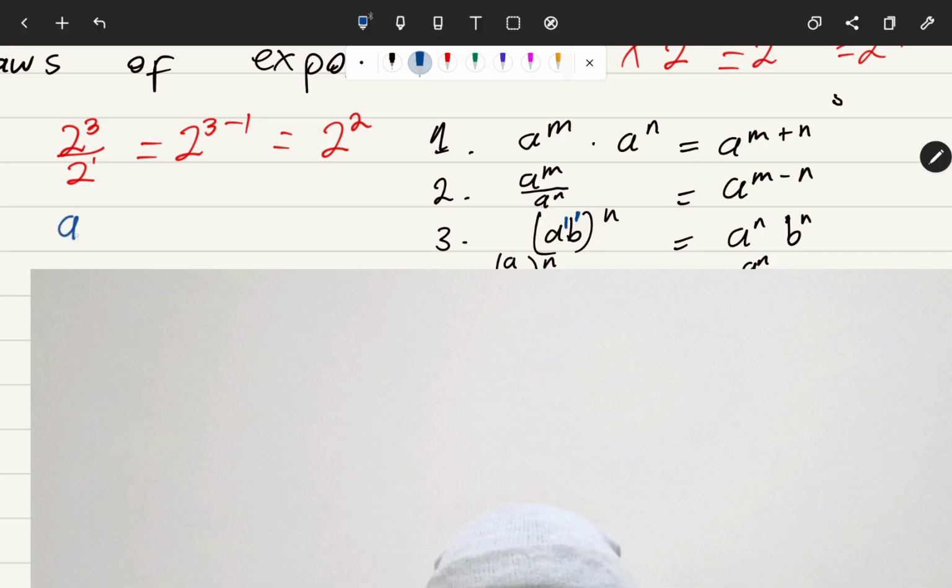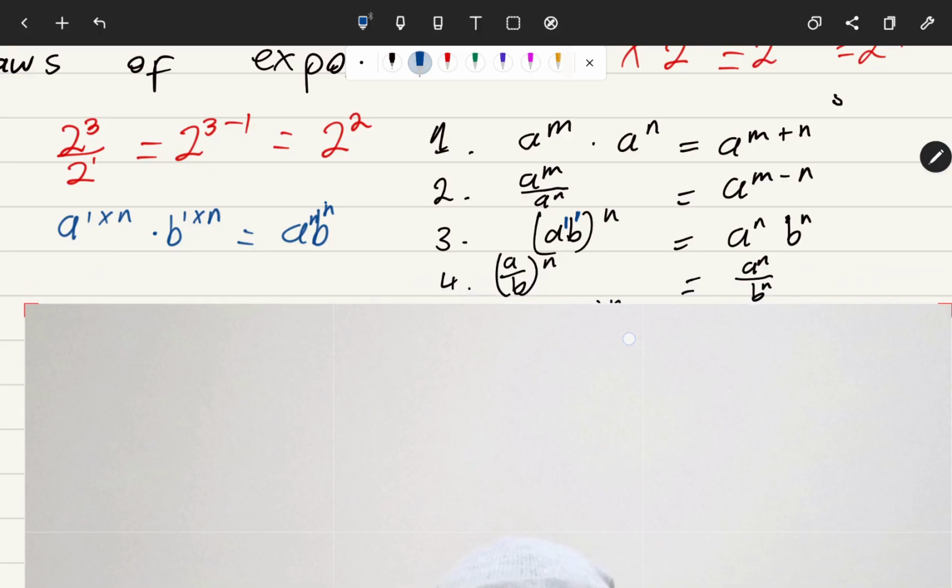You have a to the power of 1 multiplied by n, multiplied by b to the power of 1 times n, which makes it a to the power of n times b to the power of n, right? So in simple terms, law number 3 says that when you are raising a power to a power, you're just multiplying the exponents, right? And that's just what law number 3 says.